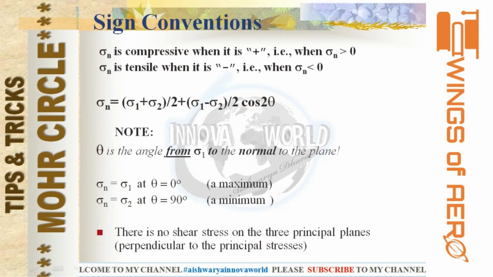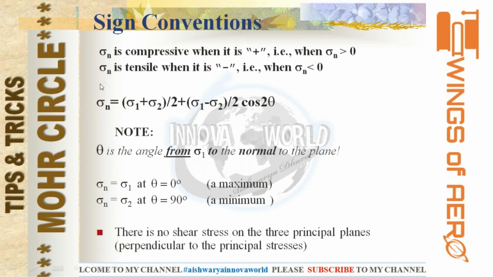So from the above we can generalize that sigma n equals sigma 1 when theta is 0, that is the maximum value, and when the theta value is 90, we get the minimum value. Apart from that, there is some sign convention: when the normal stress is positive, that means the nature of the stress is compressive.